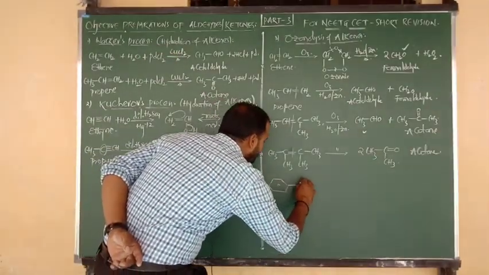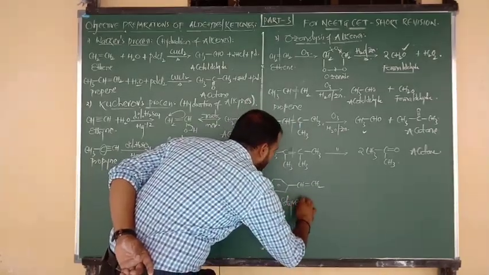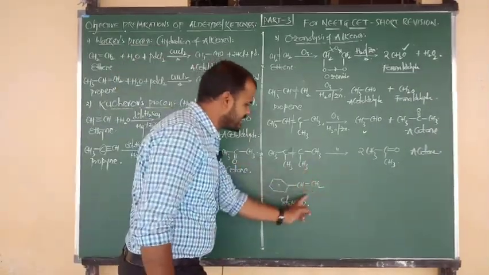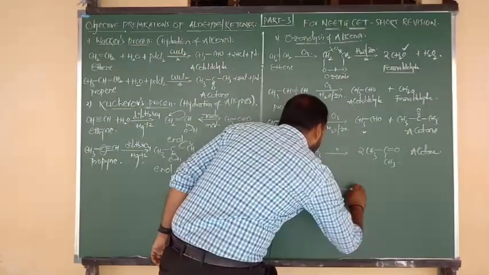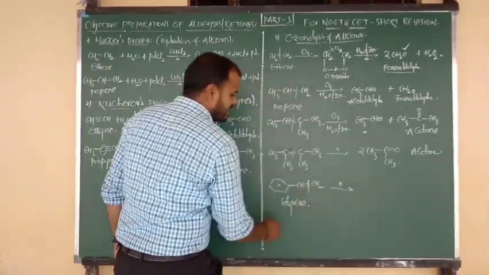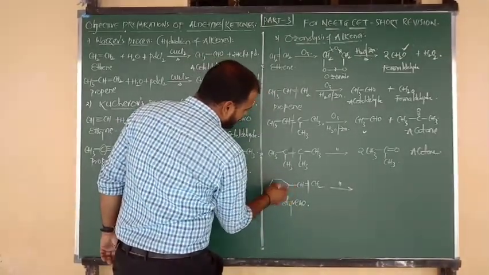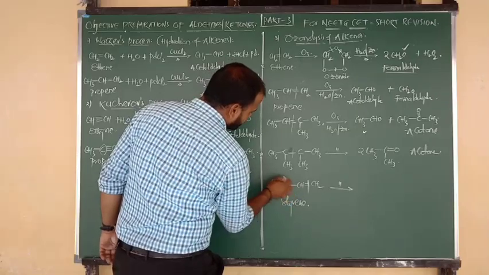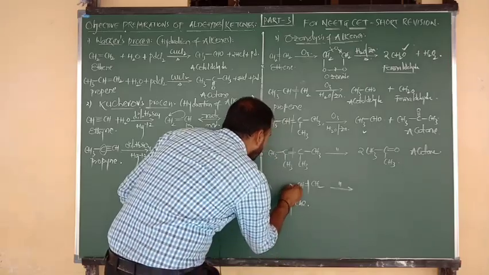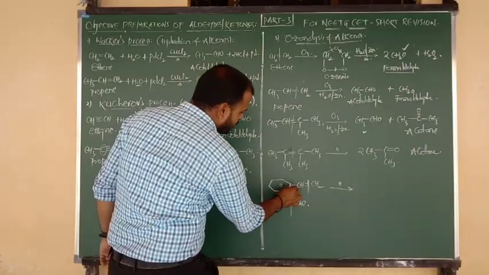Once again I am going to give you another example. First suppose benzene, benzene bonded to CH, CH double bond CH2. This question was repeated in JEE Mains exam. The compound name is called styrene, and also we can say vinyl benzene. Vinyl benzene or styrene upon ozonolysis, same thing, cut the double bond, 2 sides 2 oxygen. One side benzene bonded to what, beta?